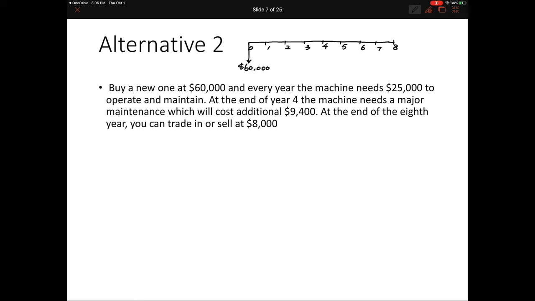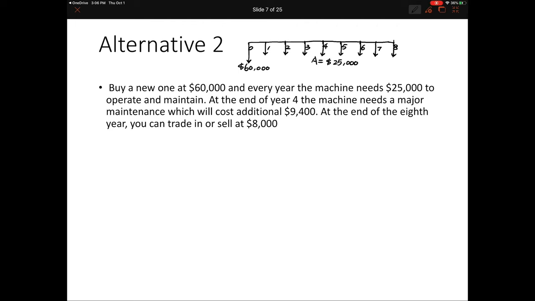60,000. And after that, every year you need to spend a little bit lower, 25,000 for your maintenance and operation. Okay. So it's an arrow going downward but shorter, until the end of the 8th year.